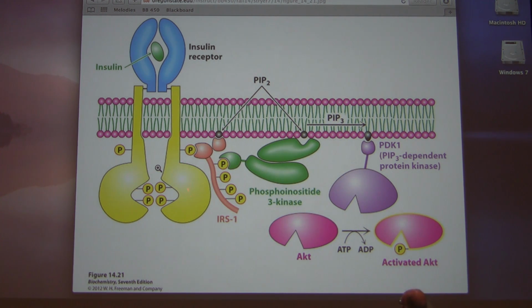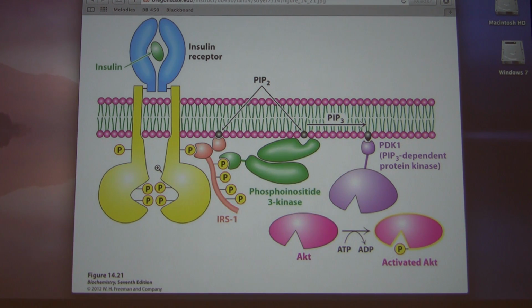Those phosphates become the target for binding of a protein called IRS1. Sounds like it's a tax thing, doesn't it? IRS1 recognizes this phosphorylated tyrosine and binds to it.